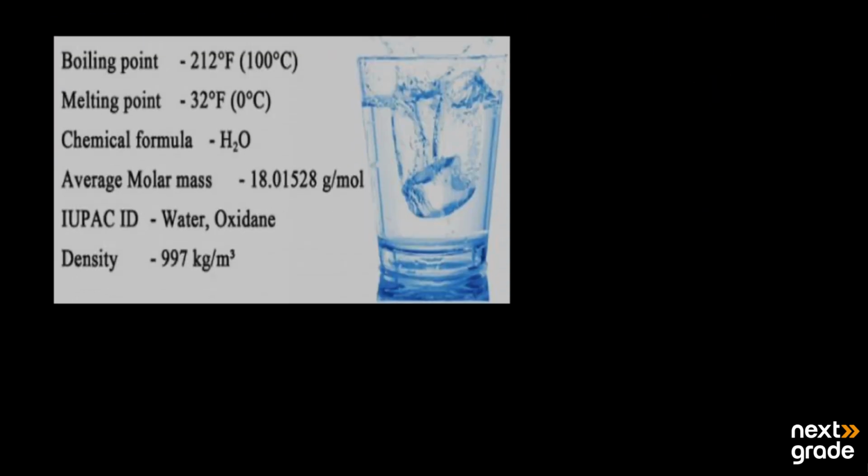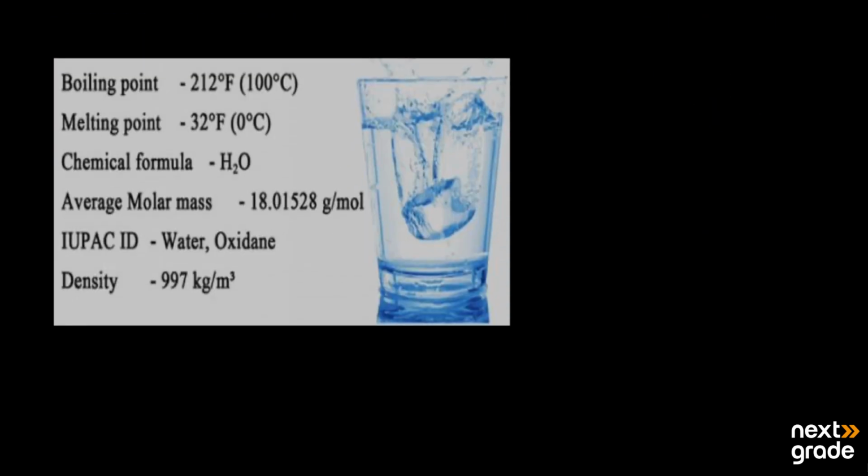Here we have the boiling point and the melting point. The boiling point of water is 100 degrees Celsius, which is 212 degrees Fahrenheit. The melting point, when it is present as ice, is 0 degrees Celsius and 32 degrees Fahrenheit.